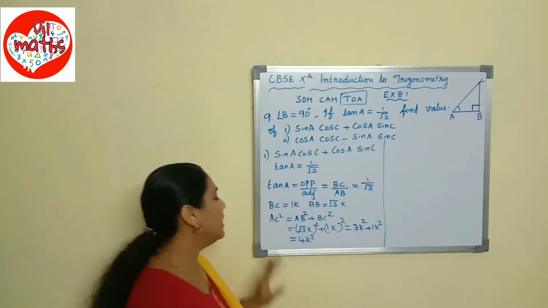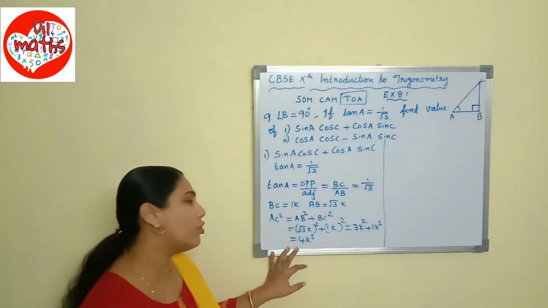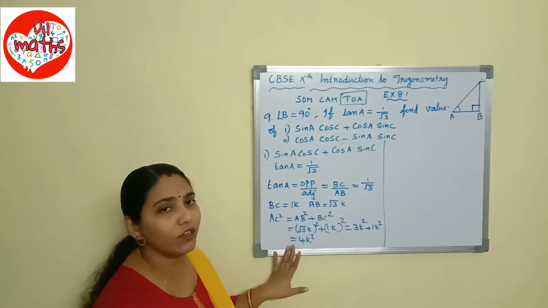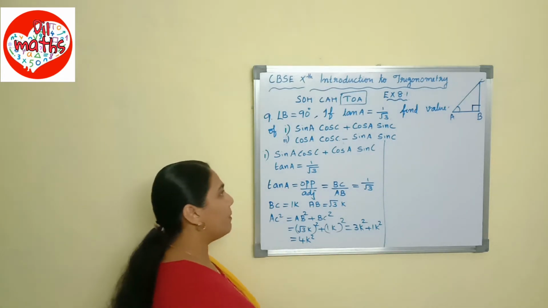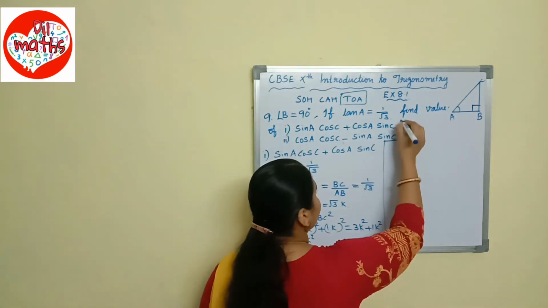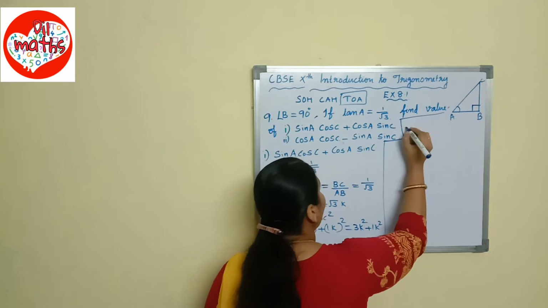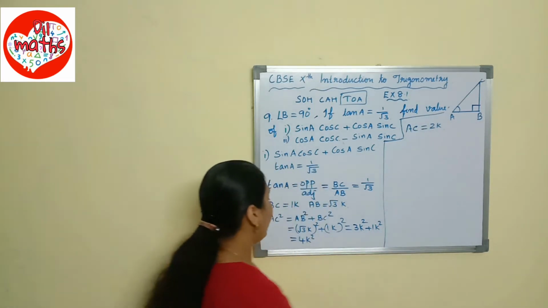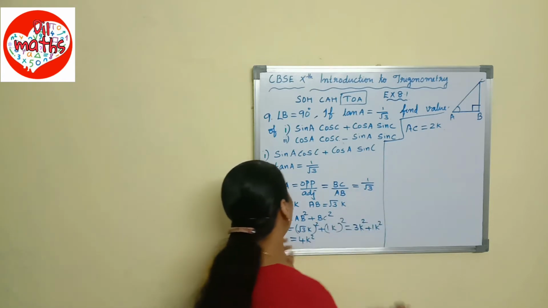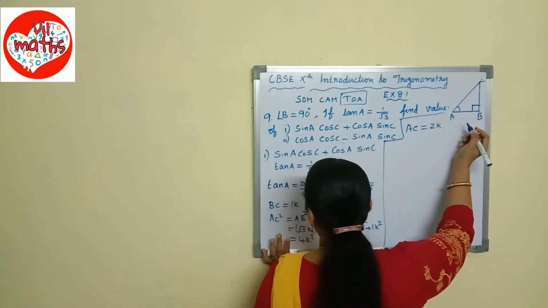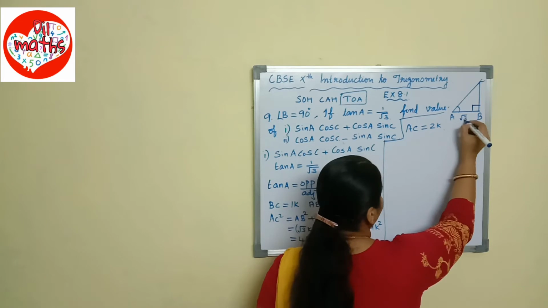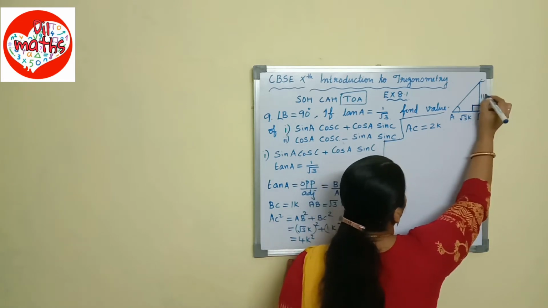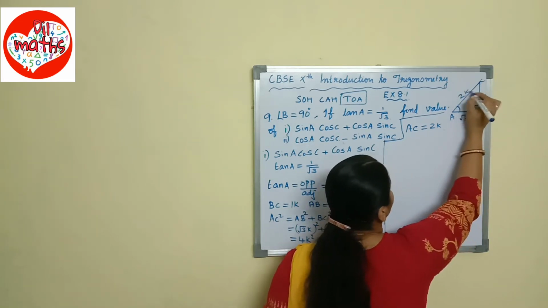If you take the square root on both sides, AC is equal to plus or minus 2K, you will get. But we will take only plus 2K. So AC is equal to 2K we got. Okay, so what all we got, I am going to write here: AB is equal to root 3K, BC is equal to 1K and AC is equal to 2K.